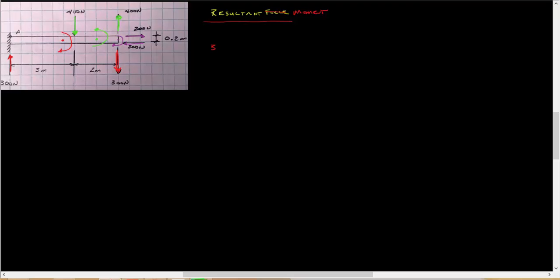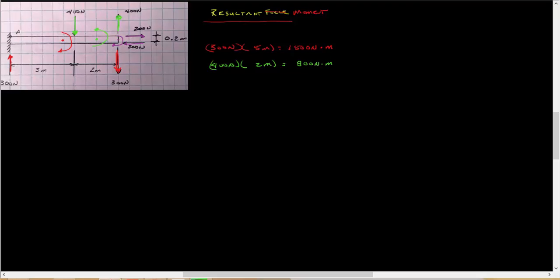So my clockwise would be 300 newtons, and the distance between those two is 5 meters, which is going to be 1500 newton meters. Then the 400 newtons has a distance of 2 meters between them, that's going to be 800 newton meters.